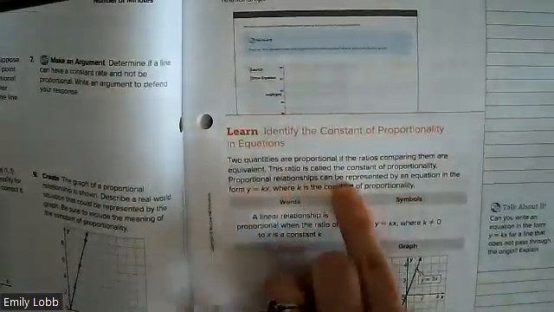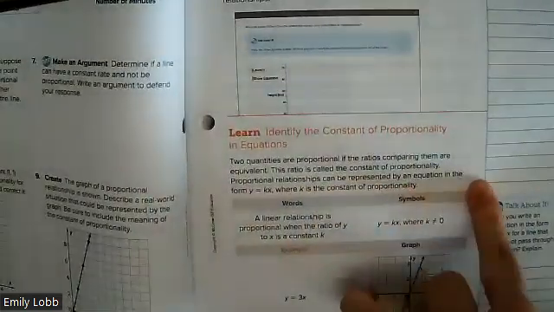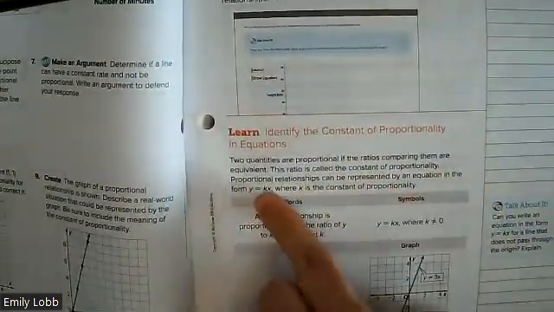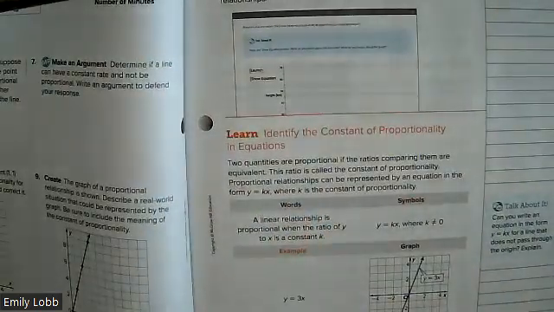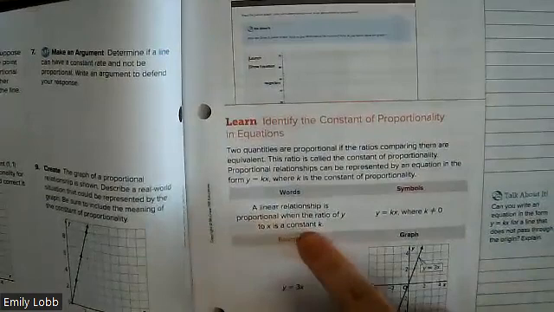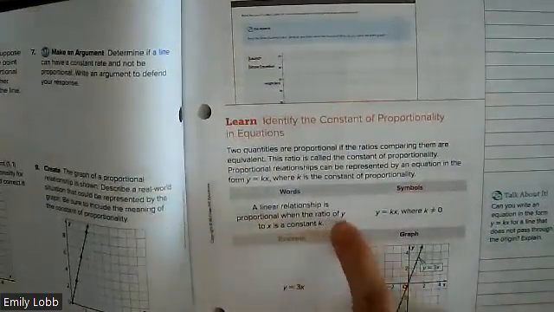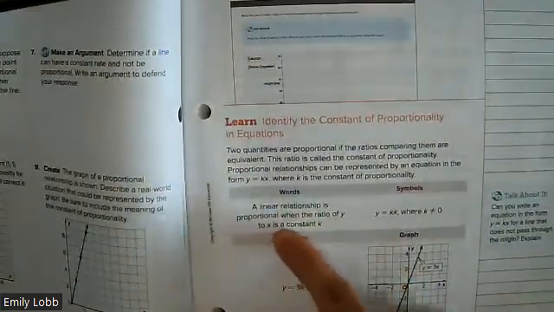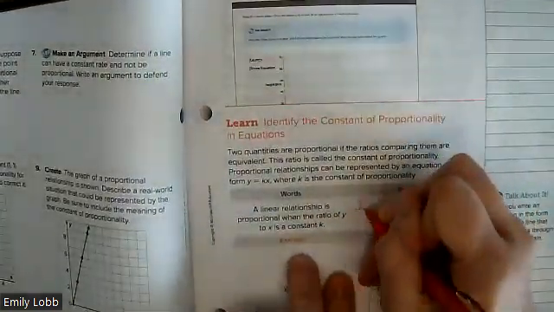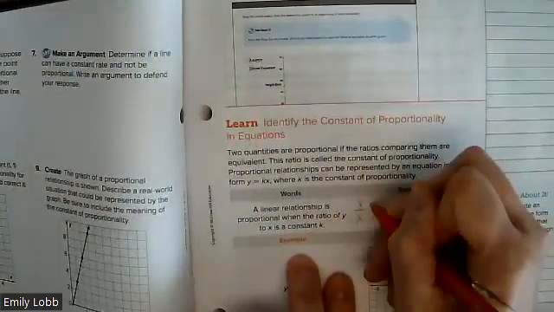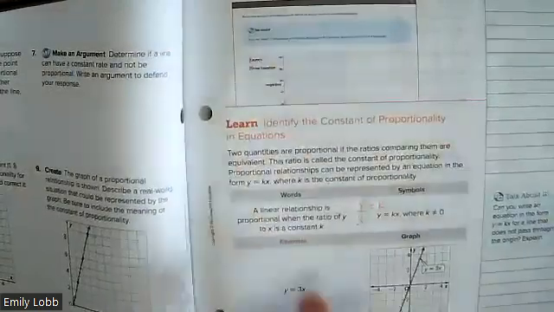Proportional relationships can be represented by an equation in the form y equals kx, where k is the constant of proportionality. So a linear relationship is proportional when the ratio of y to x is a constant, right? So y to x is equal to k.